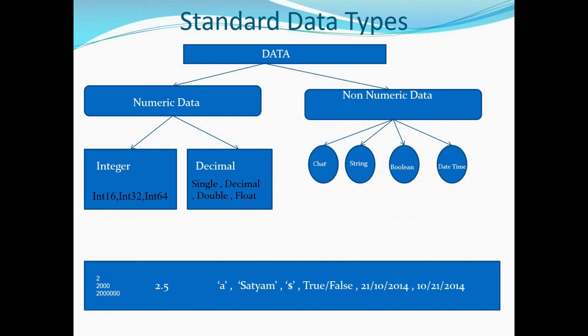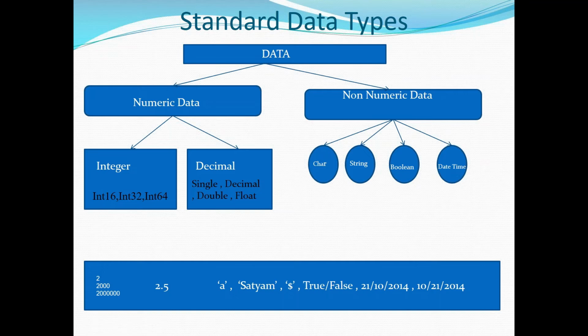So when you talk about data, in every programming language, everywhere, data can be divided into only 2 categories. One is numeric data, the other one is non-numeric data. Let's move towards the first one, that is numeric data.